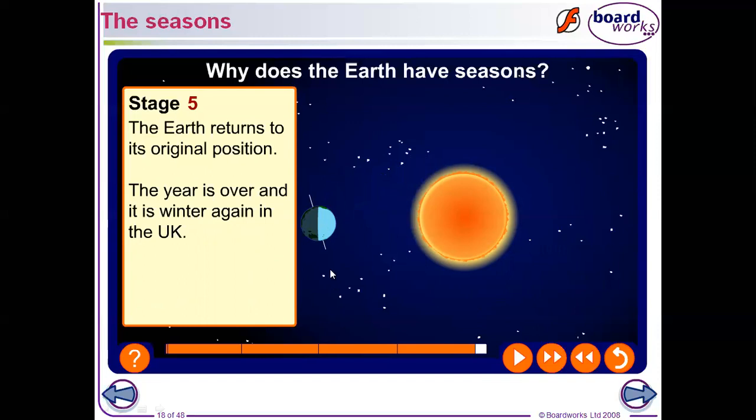Okay, it takes 365 days for this cycle, and then the process continues. Okay, like from summer in the south to autumn in the south to winter in the south, and then to spring in the southern hemisphere, right?